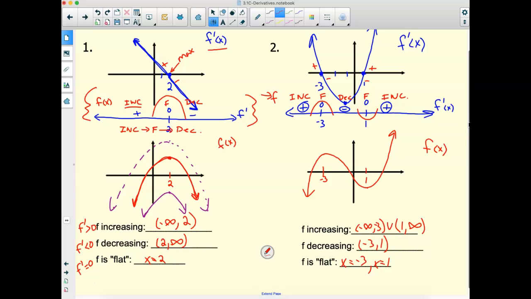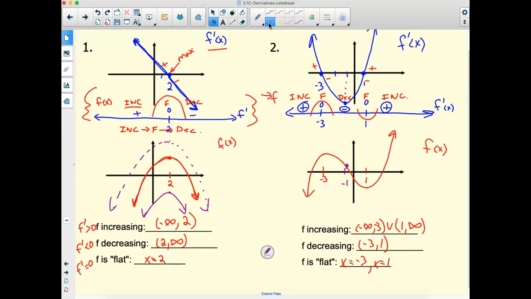Okay, now I can check this out too. As I look, my bonus information, which really isn't all that relevant right now, okay, at -1, somewhere in there, I should have a point of inflection because that's where I had a minimum. So I should have had some type of change in concavity. Whether it's perfectly there or not doesn't matter.